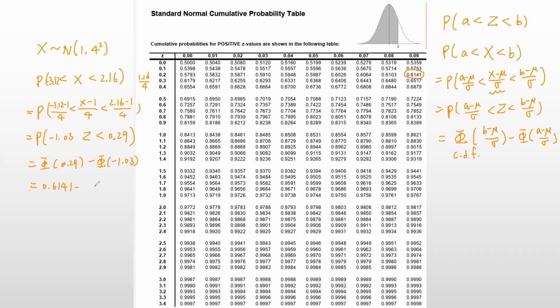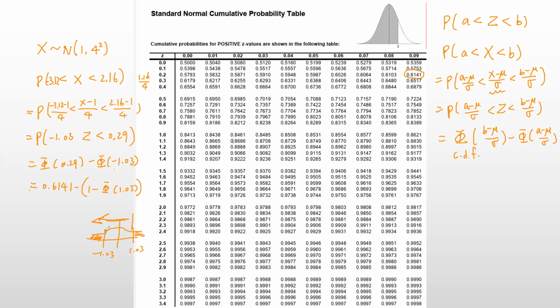0.6141 minus, we don't have the left side, so we have to do 1 minus phi of 1.03. Phi of negative 1.03 is this area, which equals this area, which equals 1 minus this area.